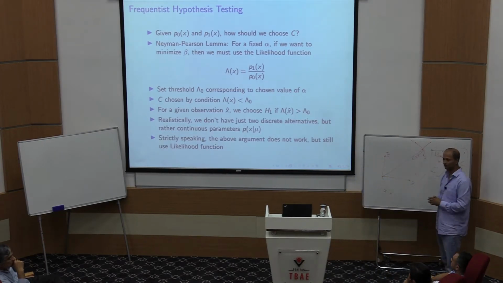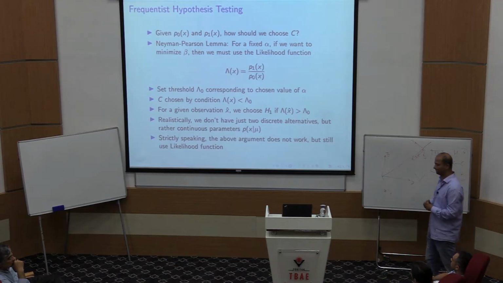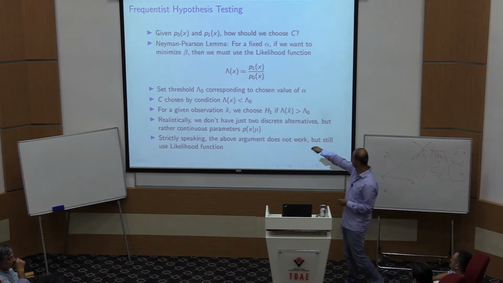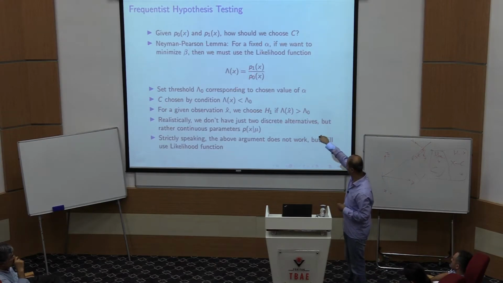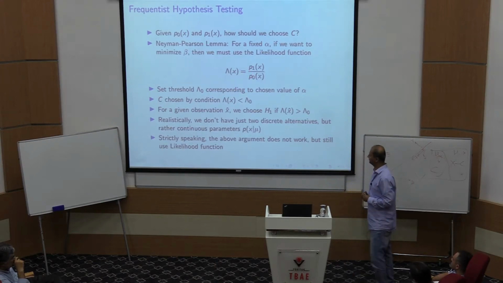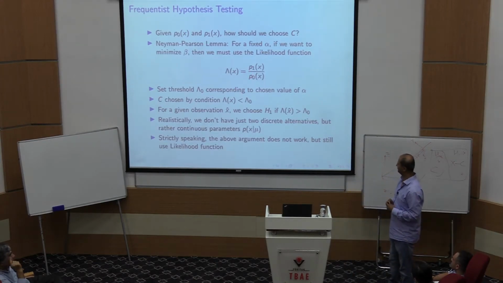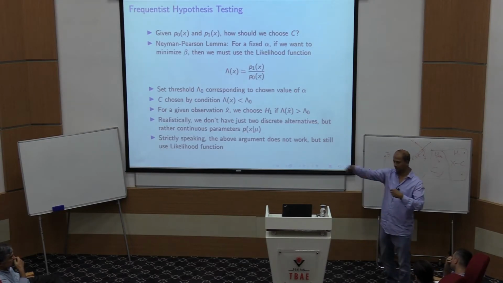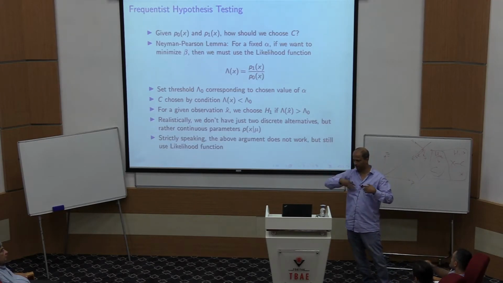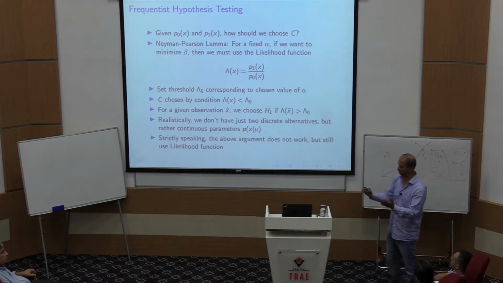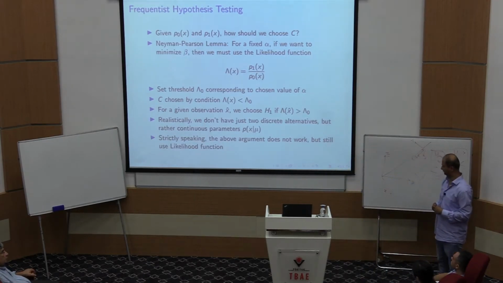It's up to you. You can choose what you want for alpha. That gives you a threshold for lambda. Or rather, given this lambda, a value for a threshold will split your parameter space into two regions, and you want to compute the false alarm probability based on the threshold.